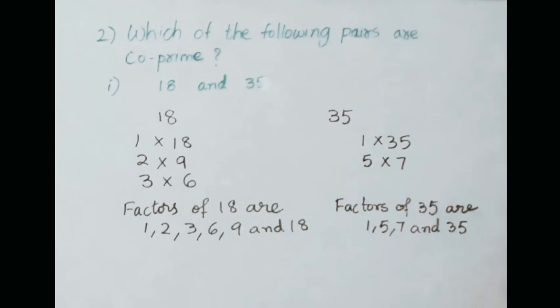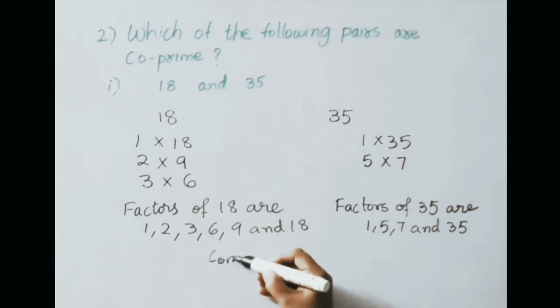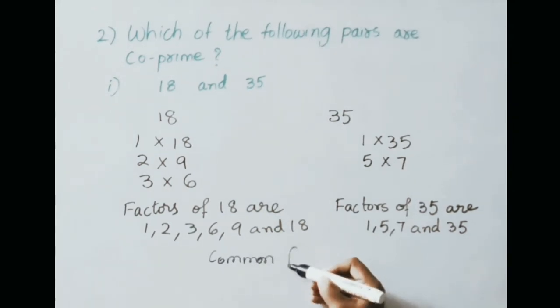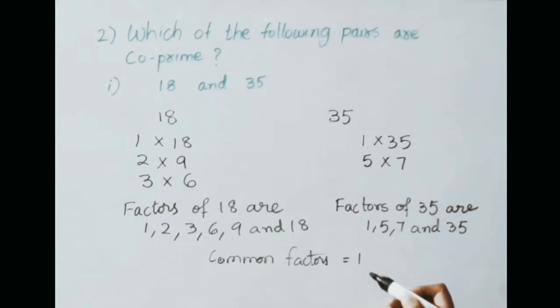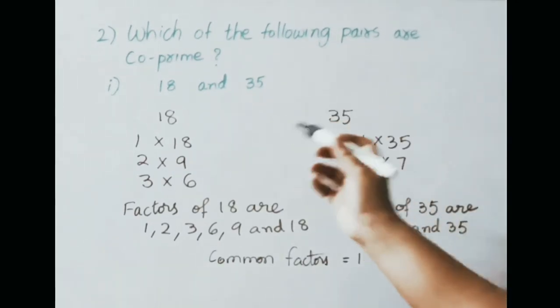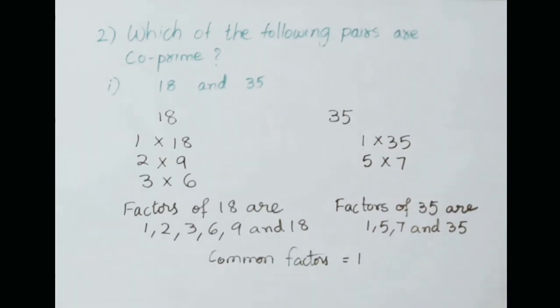In both of them only 1 is the common factor. So common factor equals 1. Therefore 18 and 35 are coprimes.